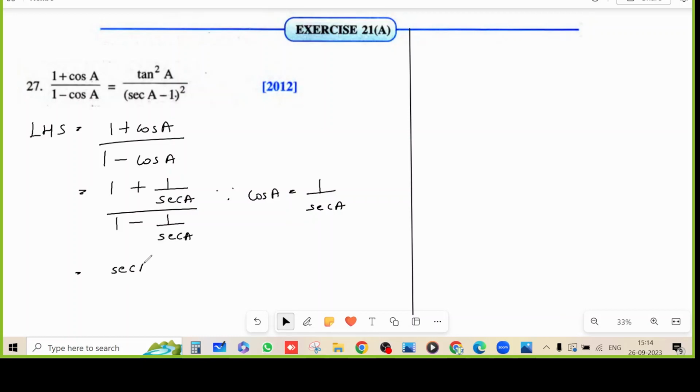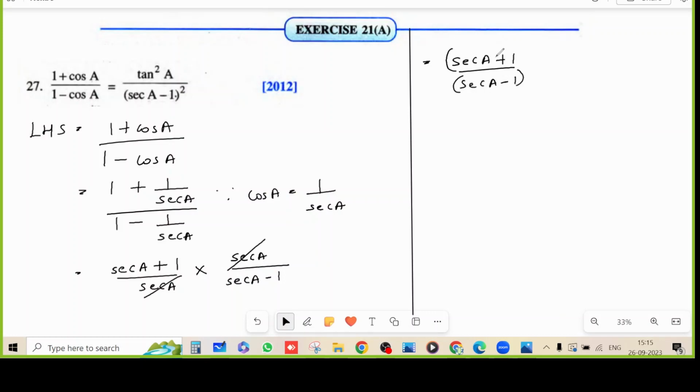So this will become sec A plus 1 divided by sec A. We will take the LCM of the denominator here. So that would be sec A, and the numerator here will be sec A minus 1. Now sec A will get cancelled out, and we are left with sec A plus 1 divided by sec A minus 1.